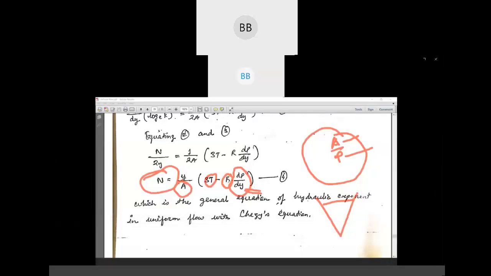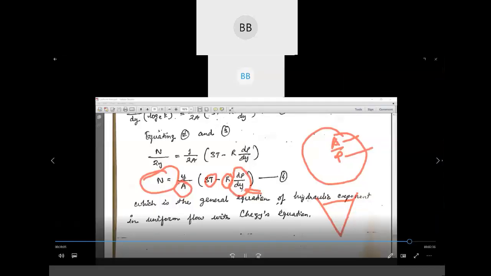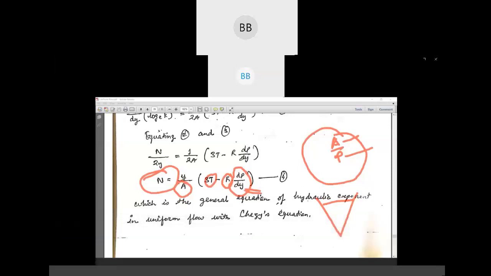Find out the R value, you substitute here. Then you differentiate the wetted perimeter with respect to y, and whatever value you get, you substitute here. So after substituting all the values, you can directly find out the n value.